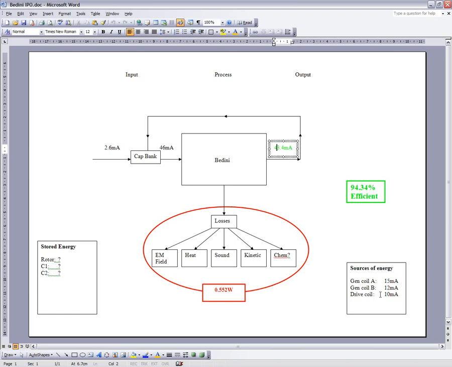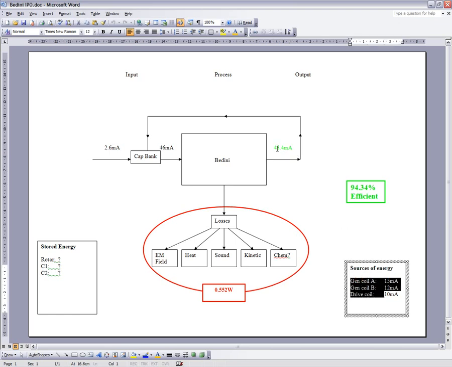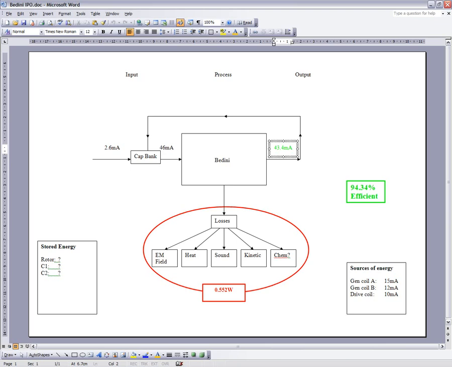Yes, I know these figures here do not add up to that one, for a simple reason: when you stick a multimeter in the circuit to measure current, it introduces a little bit of resistance, which changes the values. So you're never going to get exact figures when you're dealing with this small amount of current.